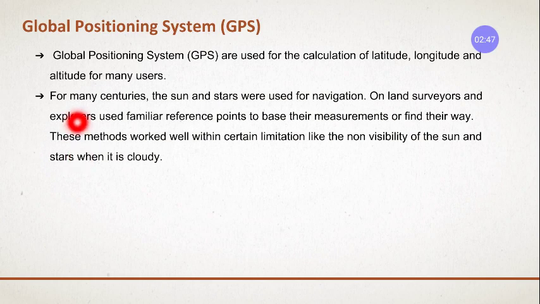For many centuries, the sun and stars were used for navigation. Whenever we were going for some expedition, to unknown places, our navigation system was the stars, the moon, the celestial bodies. Those were our references through which we were moving forward.